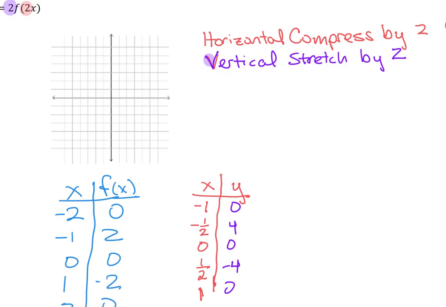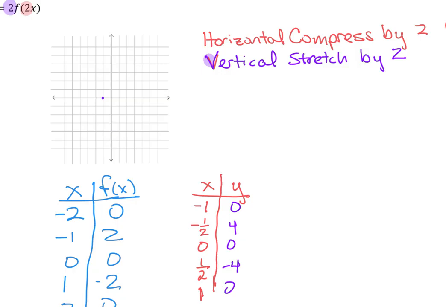Let's see what this looks like. This one gets a little hard to draw just because we're squishing one way and stretching another way. We have -1, 0. We have -1/2, -4. We have 0, 0. We have 1/2. Oh, I did that wrong. I'm sorry. Okay, let's try this again.